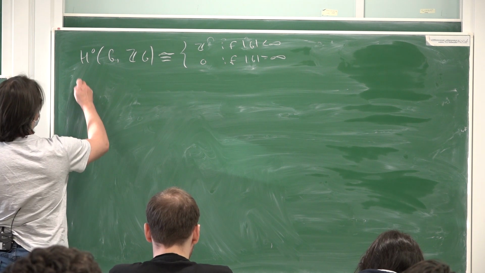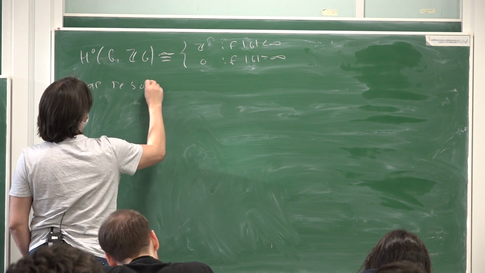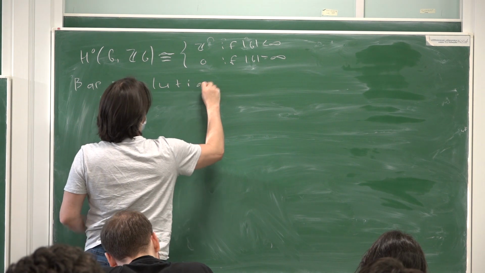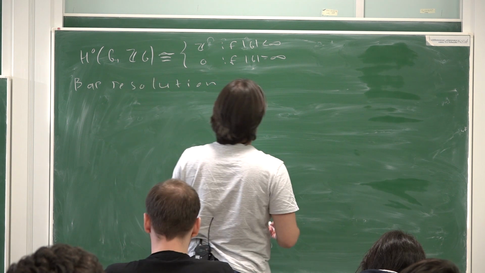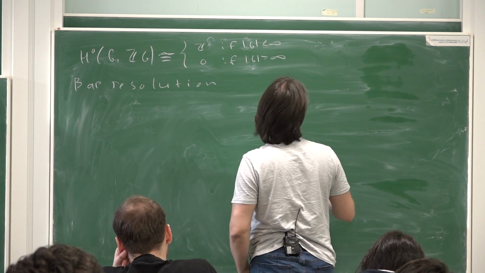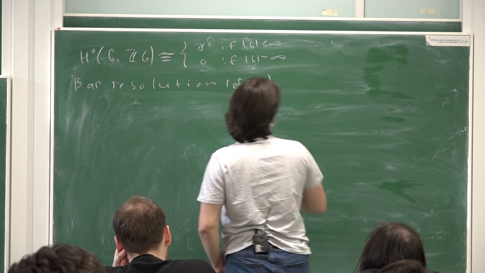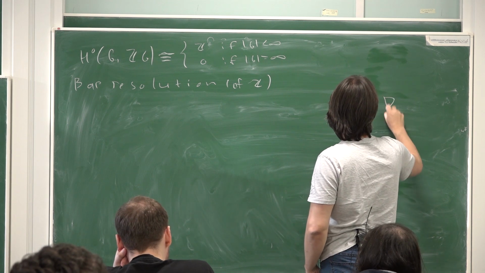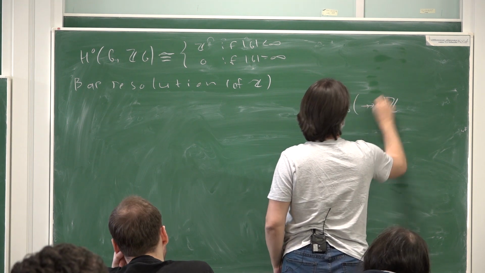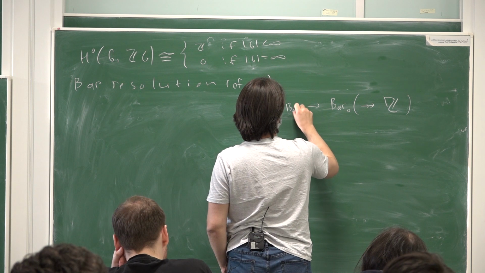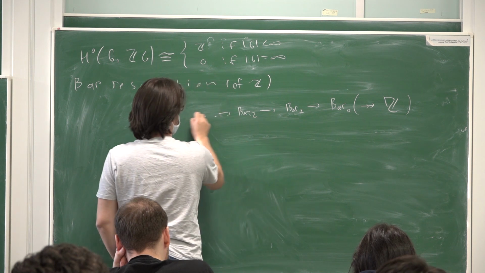It's called the bar resolution. So here is the bar resolution of Z. The members of this resolution are Bar_0, Bar_1, Bar_2, and so on.